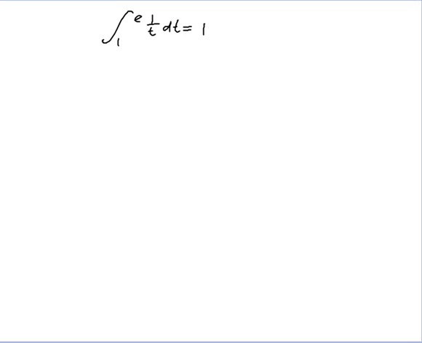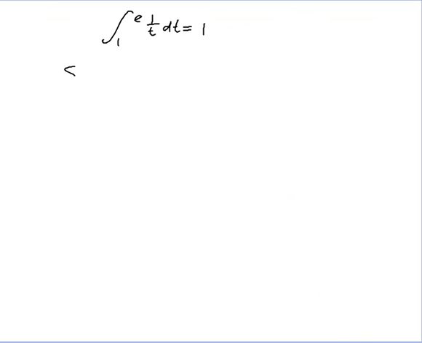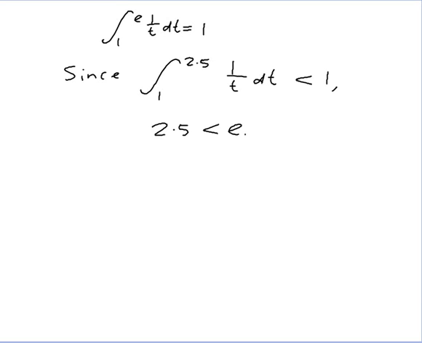Now, the integral from 1 to 2.5 of 1 on t dt was less than 0.9956, so that's less than 1. So, since the integral from 1 to 2.5 of 1 on t dt is less than 1, 2.5 must be less than e.